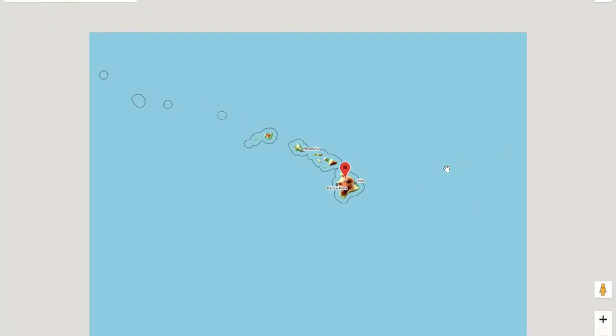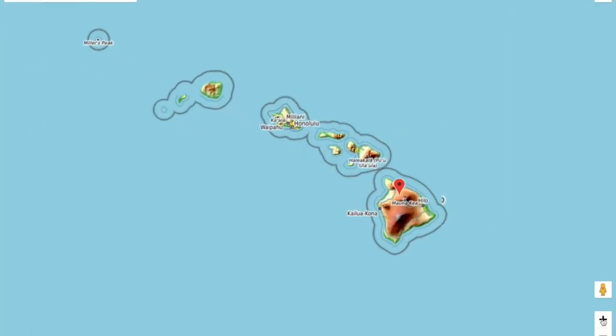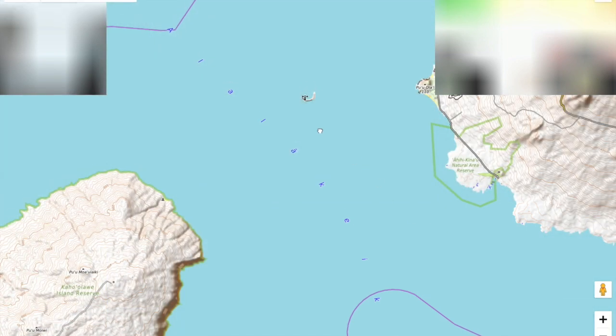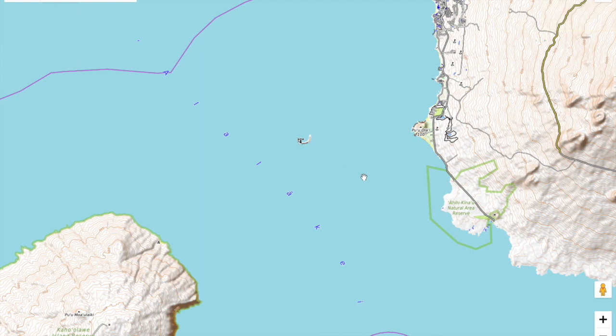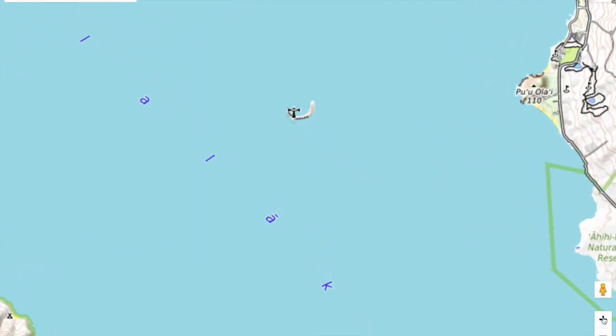So let's look at the elevations here on the elevation map. Let's close in, see Molokini. It's going to clear up a little bit. Give it a few seconds, please. There we go. Alright, this is the elevation map. You can see the curvature lines on the slopes.